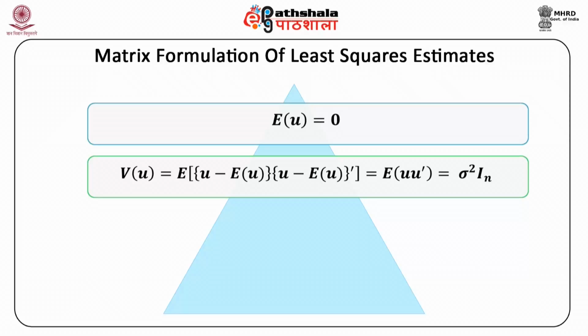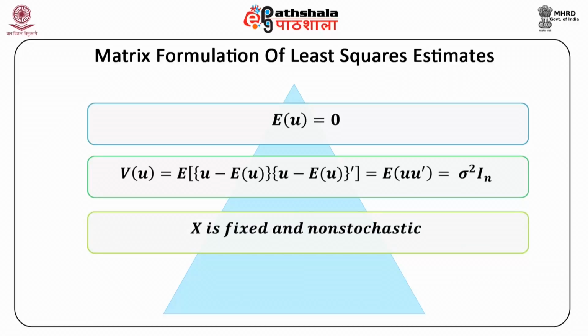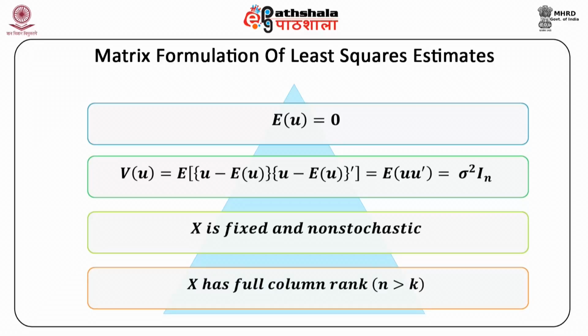The third assumption is that X is fixed and non-stochastic. Fourth assumption is that X has full column rank, and full column rank means that n is greater than k.